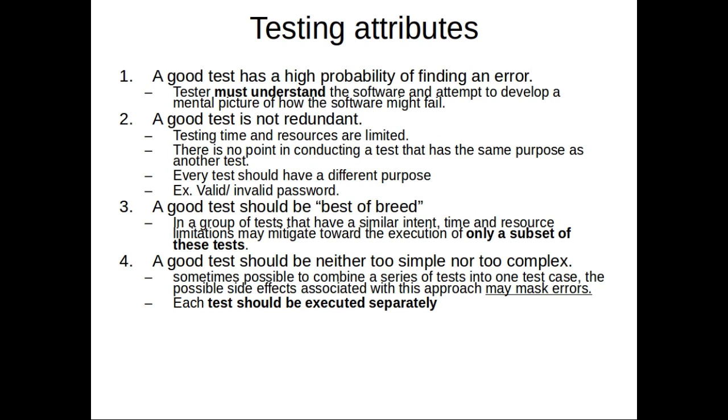What are the attributes of good tests? Kaner, Falk, and Nguyen suggest the following attributes of a good test. 1. A good test has a high probability of finding an error. To achieve this goal, the tester must understand the software and attempt to develop a mental picture of how the software might fail.